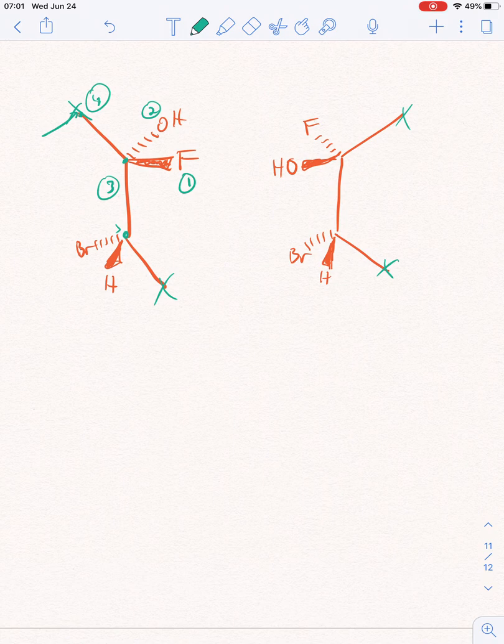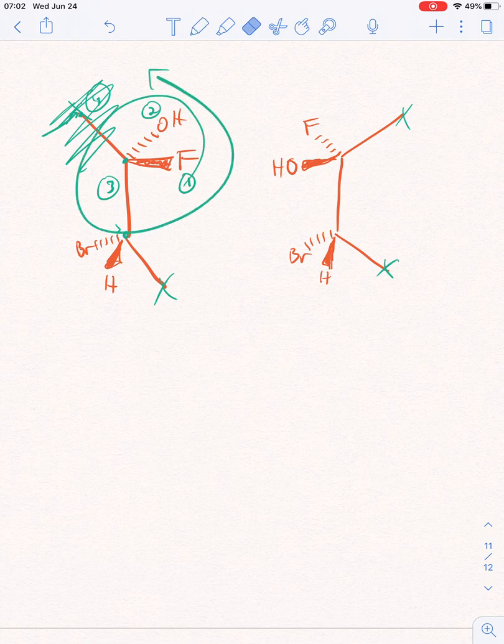There's one shortcut that works for almost anyone, pretty much everyone. It's a little easier than reorienting the molecule and trying to visualize things. So just like normal, we ignore 4, right? And then we go 1 to 2 to 3, okay?